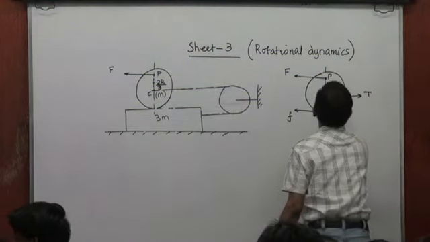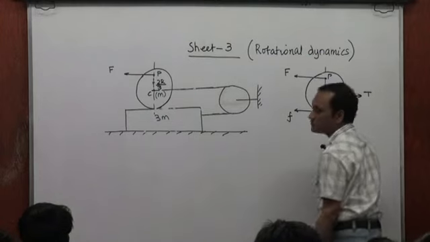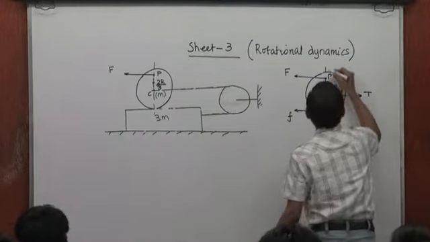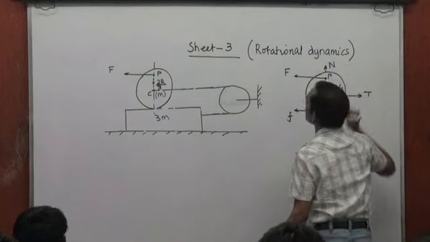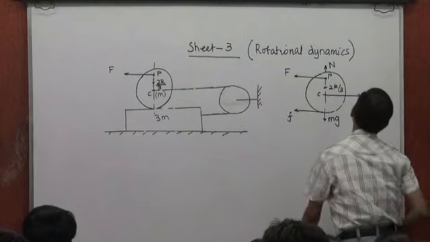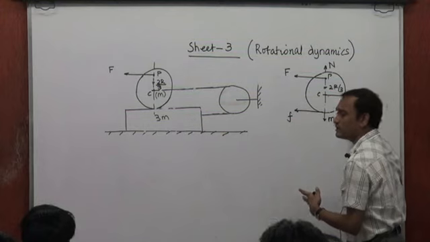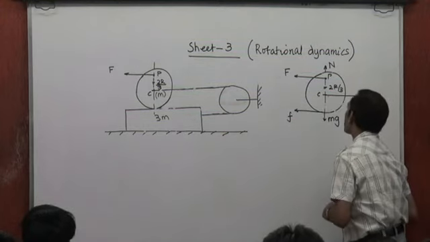Then of course, ornamental forces which will not interfere with our calculations, mg downwards, and there is normal reaction from the block upwards. Well, in absence of a vertical acceleration, N will be equal to mg in this case.